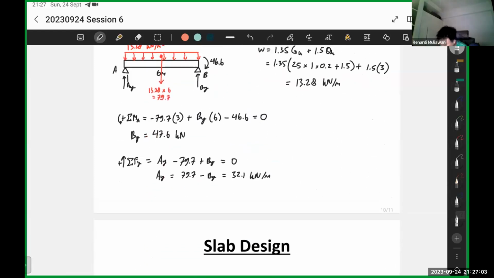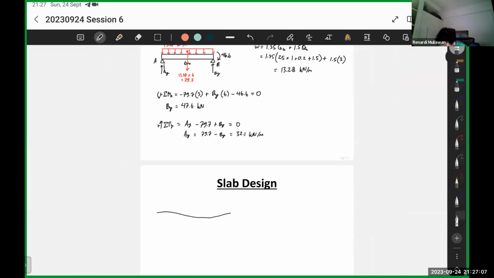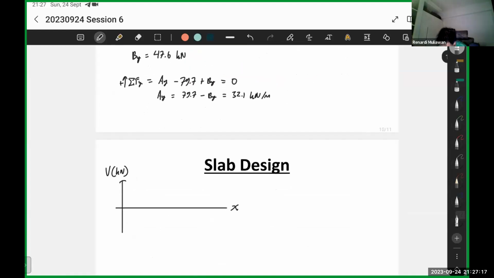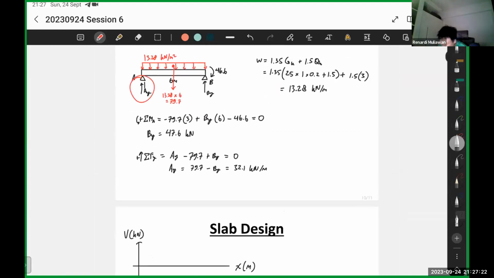Next one, we need to find the shear force diagram. Okay, so let's say this is your slab shear force in kilonewtons. This one is meters. Okay, first things first, you have Ay going up.